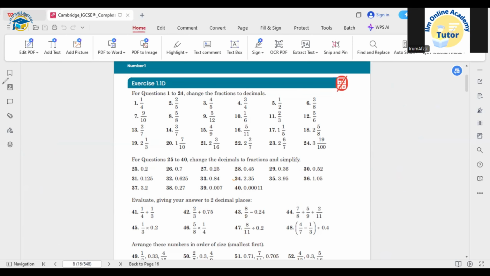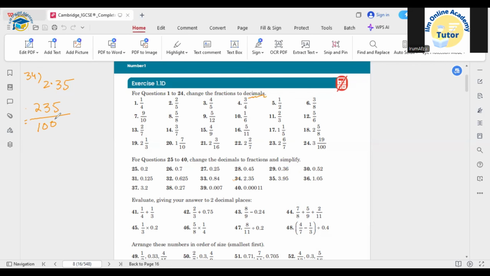After that, 31st, there are some other questions as well that you can try. Let's go on with 34. What they gave is 2.35. With 2.35, again we will write it as 235, and under that we write 100, because after the decimal point we have two numbers.